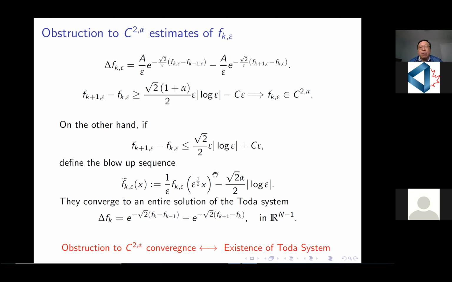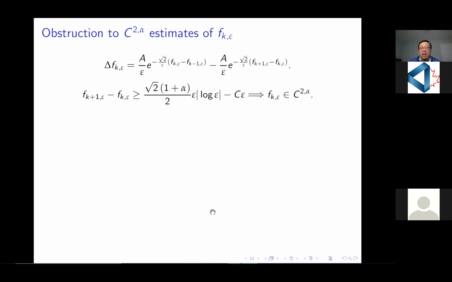So what we prove is the obstruction to the C2 alpha convergence. What is the obstruction? The obstruction is the Toda system. And this is precisely the reason.